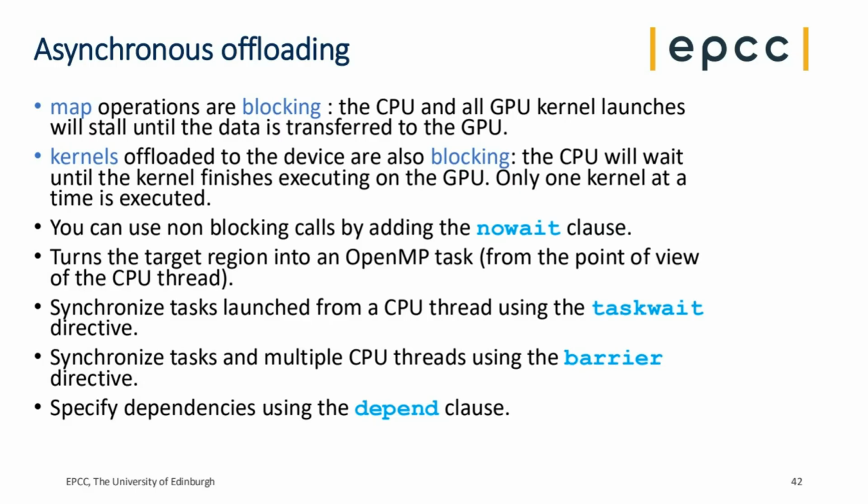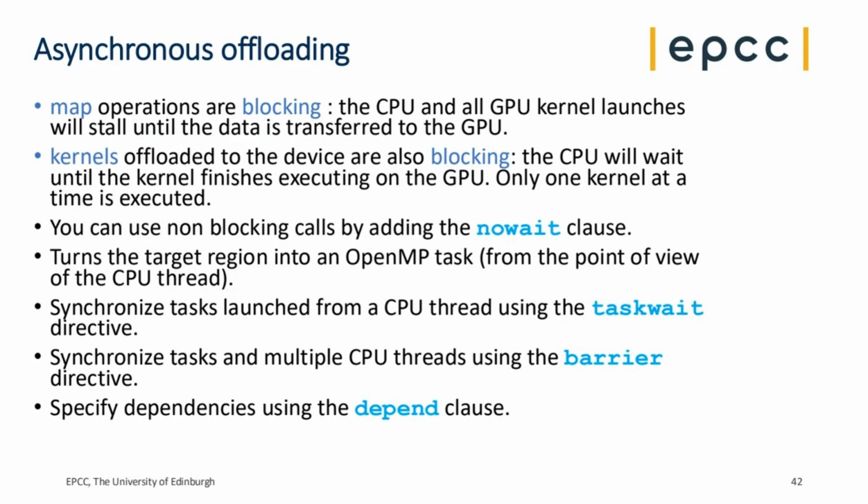Now, by default, when you're using OpenMP and you're mapping some data to the device, launching a kernel, or getting data back from the device onto the host, those 3 classes of operations are blocking. So you can't get to the kernel launch until you've mapped the data.